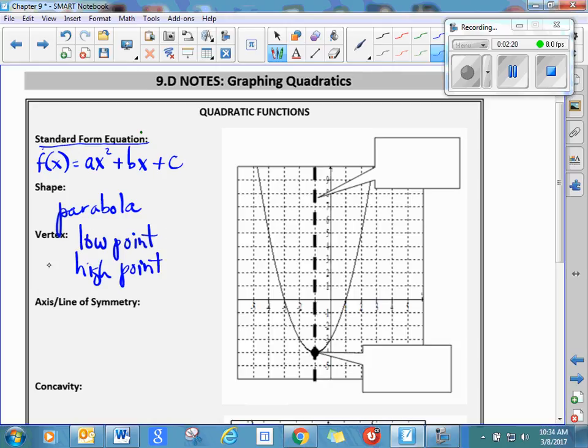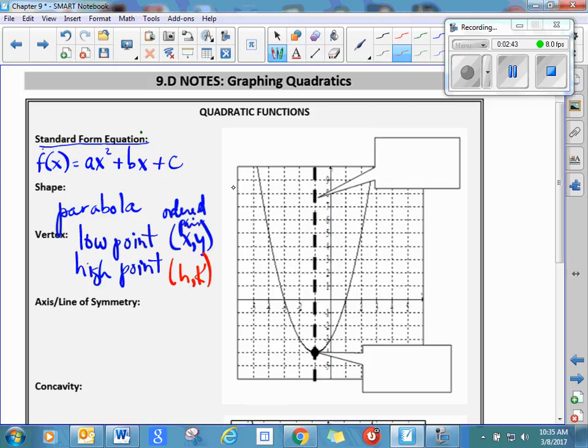The vertex is written in x, y format of an ordered pair, but just to complicate things, we usually don't refer to it as x, y, we refer to it as h, k, and I'll leave you hanging on that one.